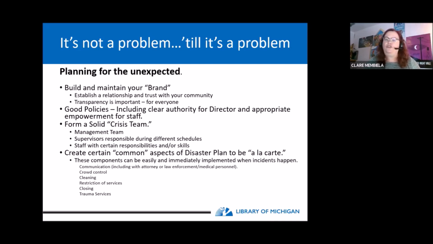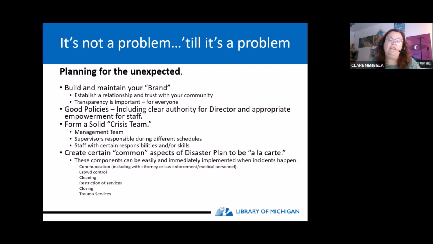The library director has the authority to invoke a quarantine on documents. The library director has the authority to post information on the library website to the public regarding the bed bug issue. So that way they're not having to go back and forth to the board constantly.